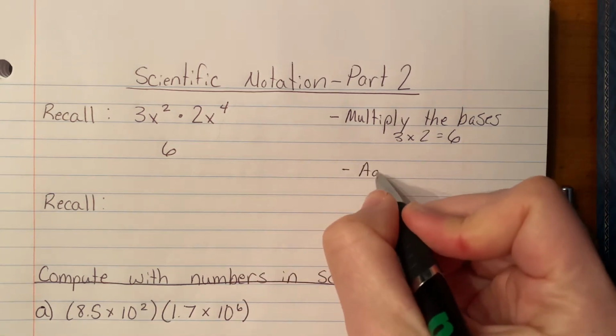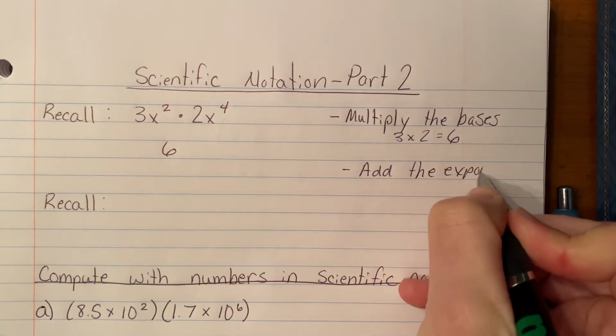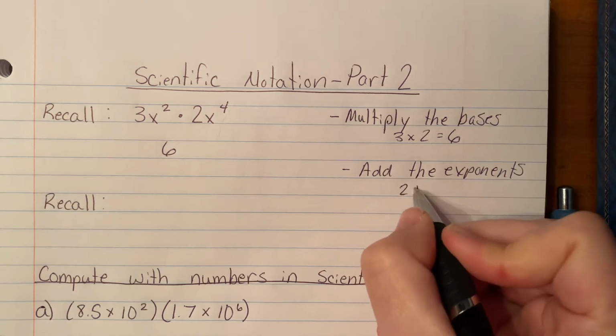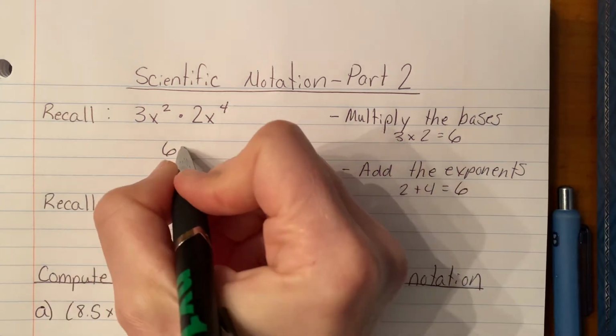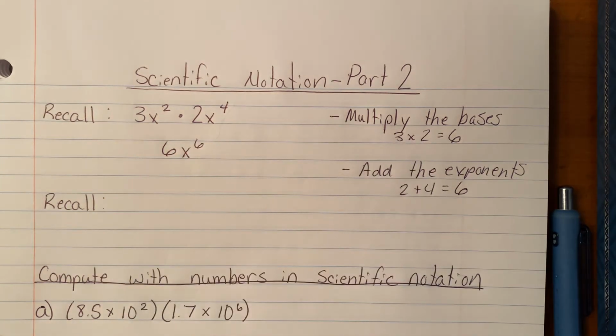And then we add the exponents. So that's going to be 2 plus 4. So we'll have 6x to the 6th. Okay, now that was the product rule.